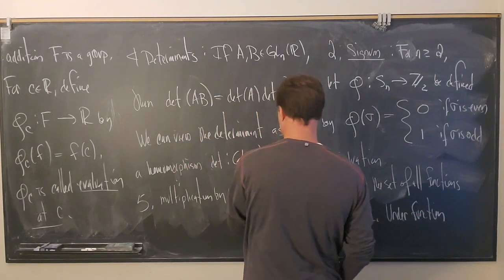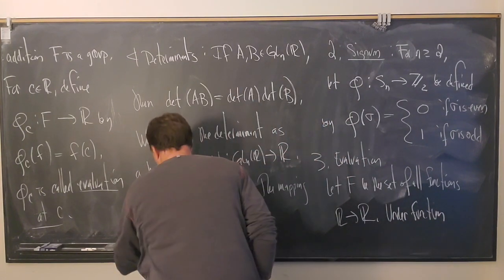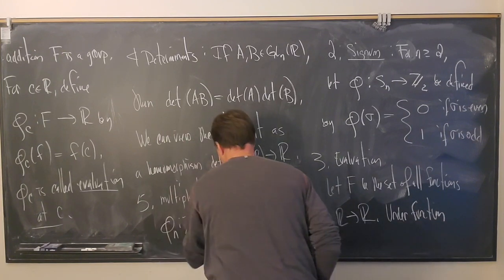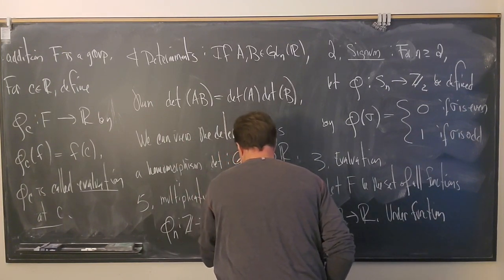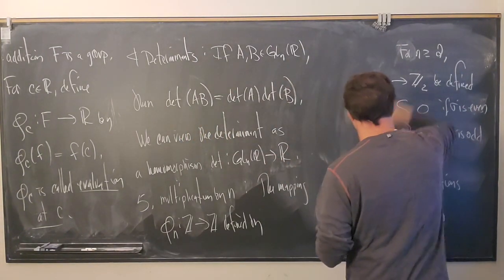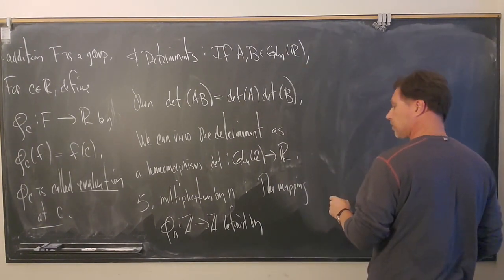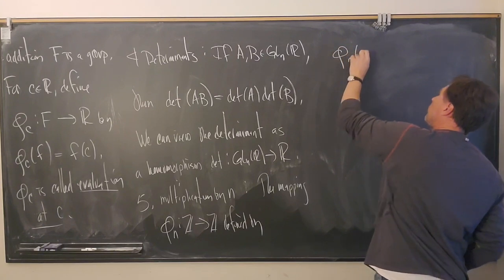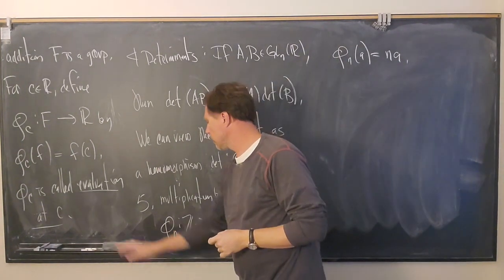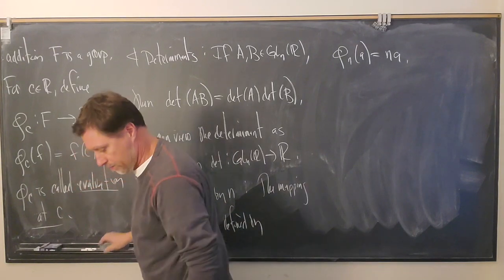So the mapping phi sub n from Z to Z defined by phi sub n of little a equals n times a. It turns out that that's a homomorphism also. So you can check that.